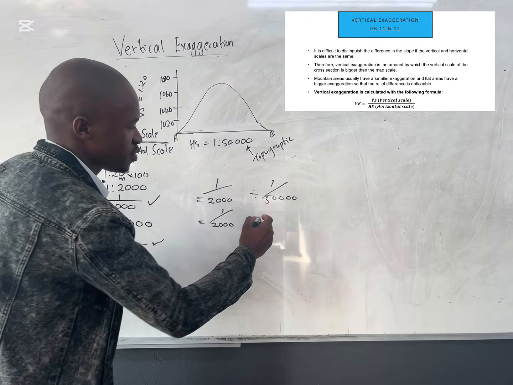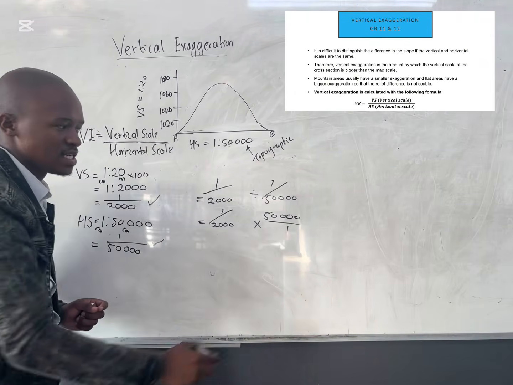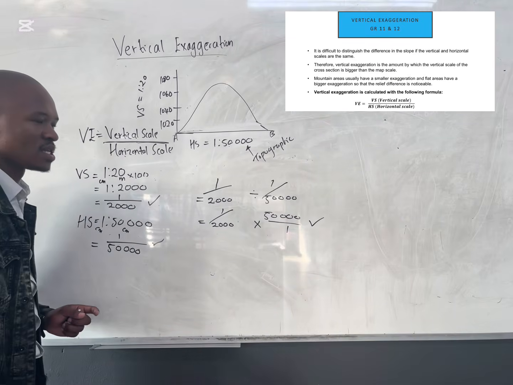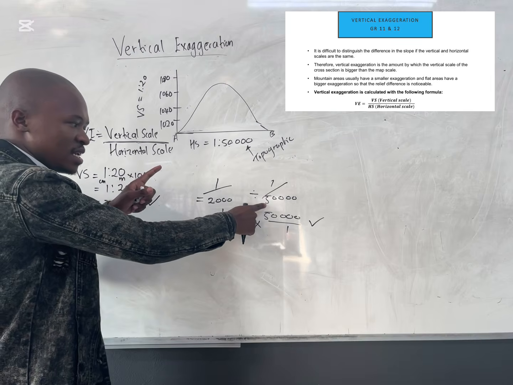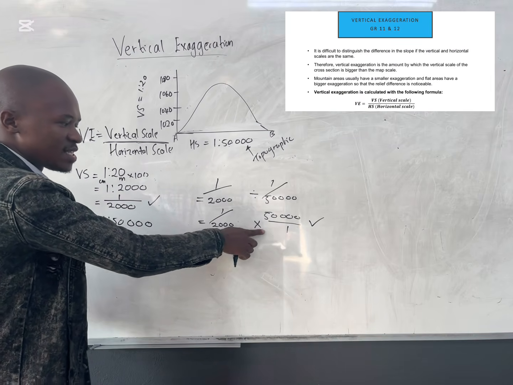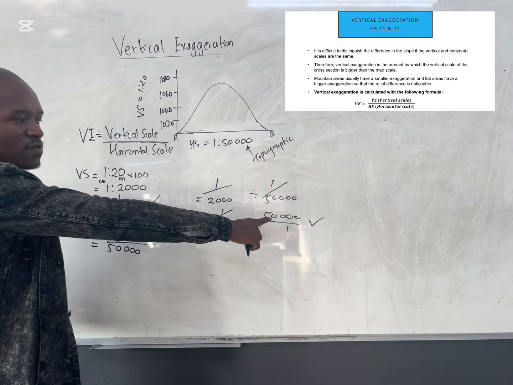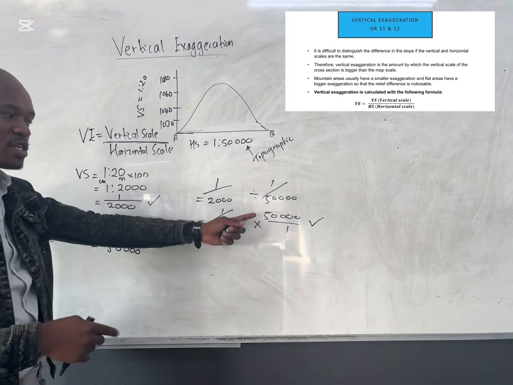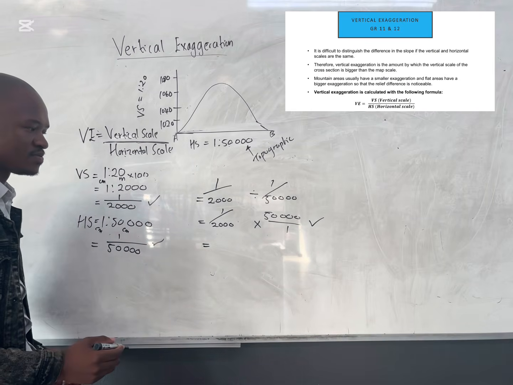You invert, you put the 50,000 over 1. This is where you get your mark. We know it is vertical scale divided by horizontal scale. But now, since we are dividing two fractions, we change the sign to multiplication. We leave this one as it is, but the 1 over 50,000 becomes inverted. We put the 50,000 over 1, and then you can punch it into your calculator.